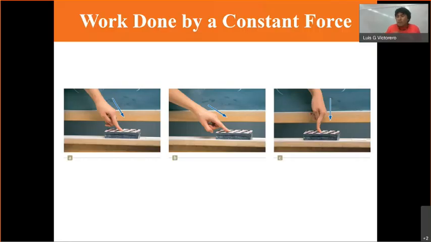However, on C, you have a force that is perpendicular to the horizontal, right, to the direction of motion of the object. So in this case, you won't have, I'm going to explain why, the concept or the value of work in that case will be 0.